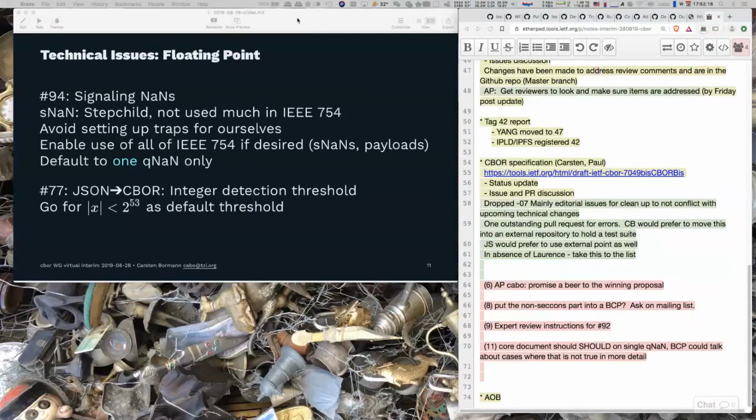No, I don't think so. As long as we talk about a default, I think iJSON is kind of the default. Yes.